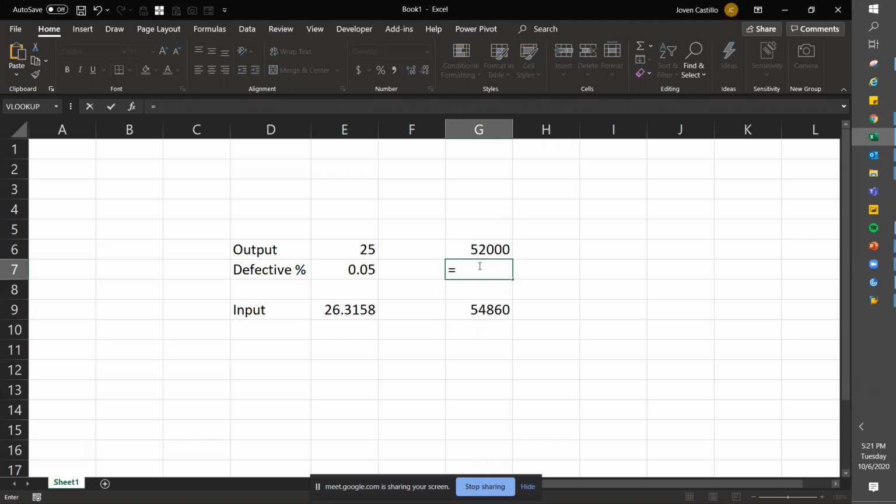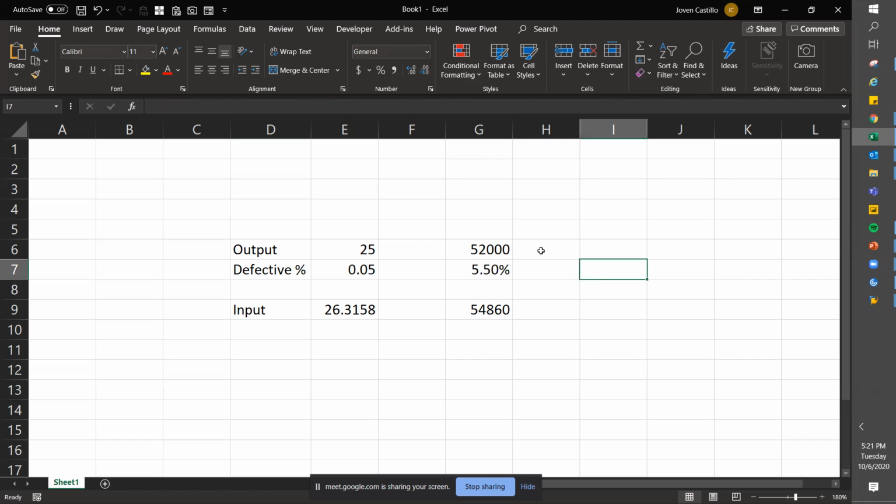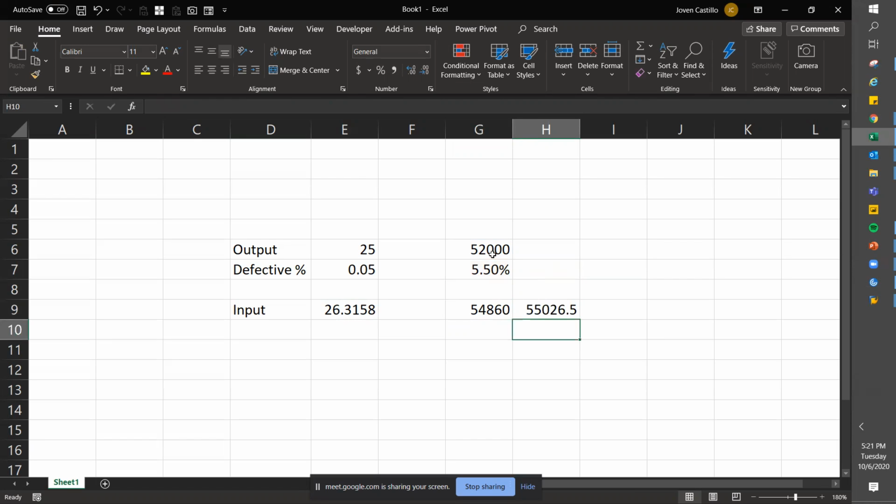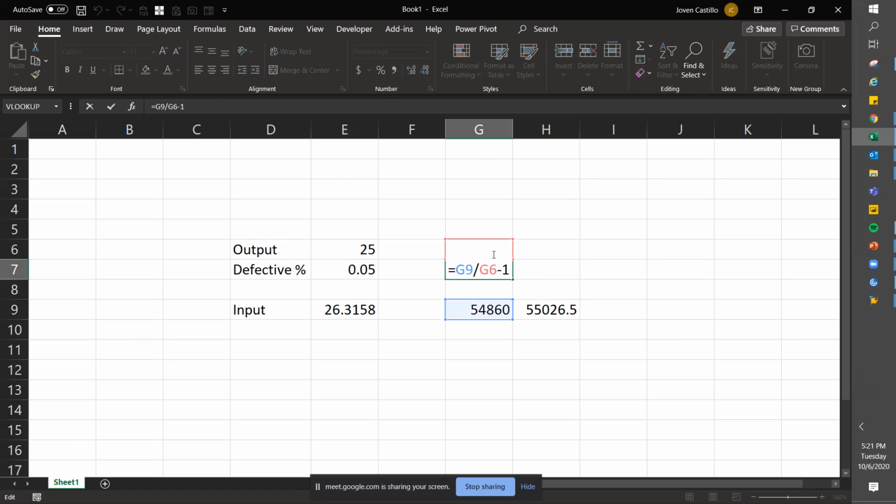So, kung babalik na rin natin yung formula, ang formula nito ay ganyan. Okay. So, it's equal ito divided by yun minus 1. So, yan yung kanyang percentage defective. So, double check natin if tama pa ba. Oops, mali yata ako. Baliktad ako.